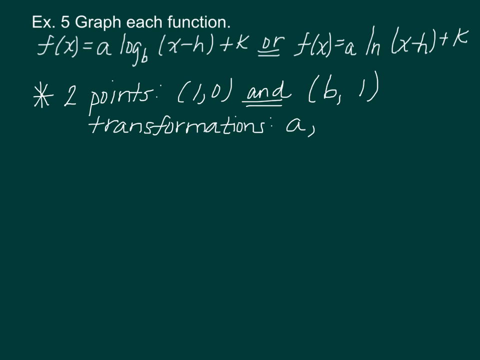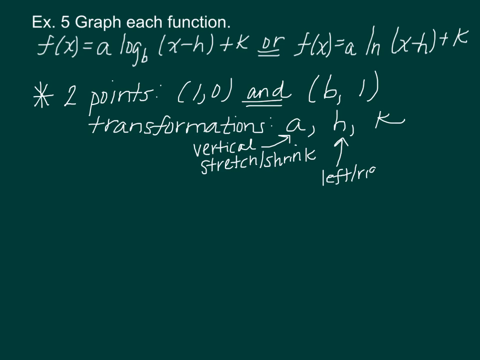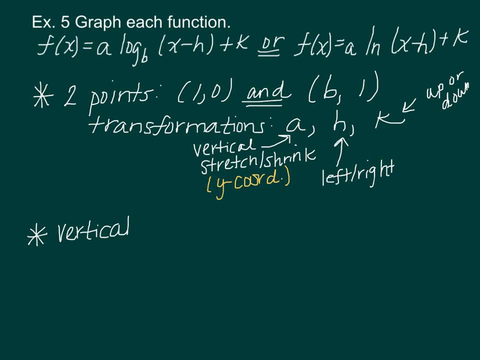With A, H, and K. Just to remind you, A represents your vertical stretch or shrink. H moves it left or right. It's always opposite. And K, of course, moves it up or down. So the A affects the Y coordinates. Then another thing you need to know is you're going to have vertical asymptotes now instead of horizontal.